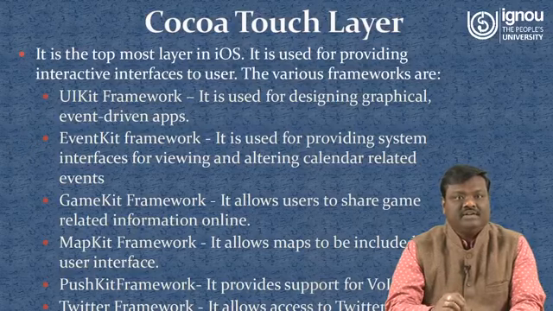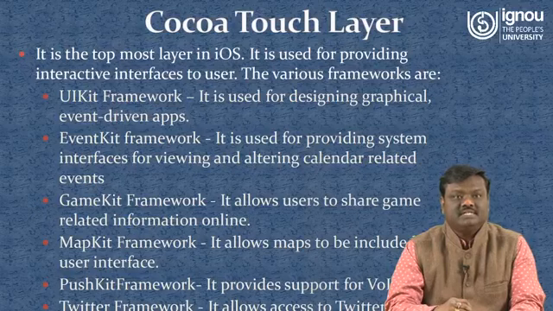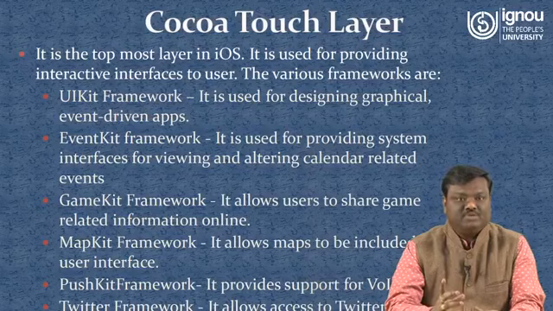Next comes the Event Kit framework. It is used for providing system interfaces for viewing and altering calendar related events. So it is a kind of event management framework which completely manages the calendar events.